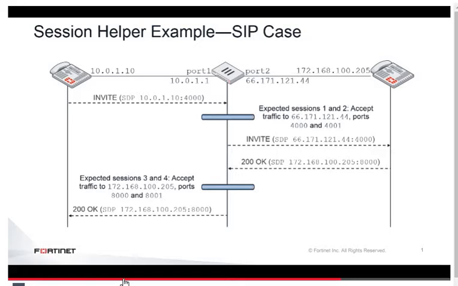The packets include the IP address and ports for the other 2 data channels. The session helper creates 2 more expected sessions, this time using the information coming in the OK packet. After that, the 4 data channels can be connected through the 4 expected sessions. Firewall policies are not needed to allow this traffic.